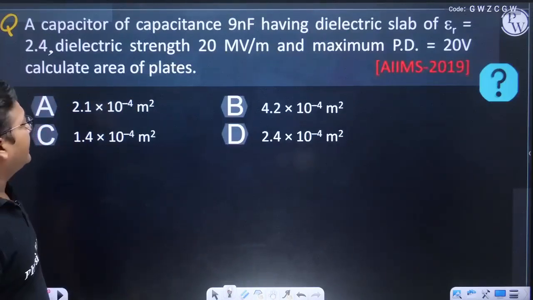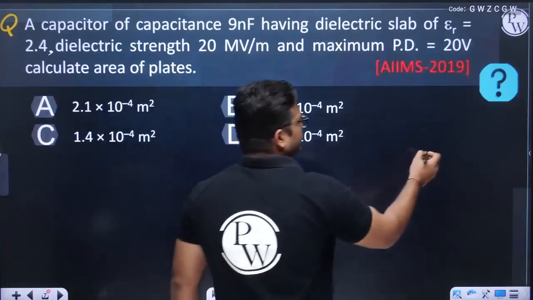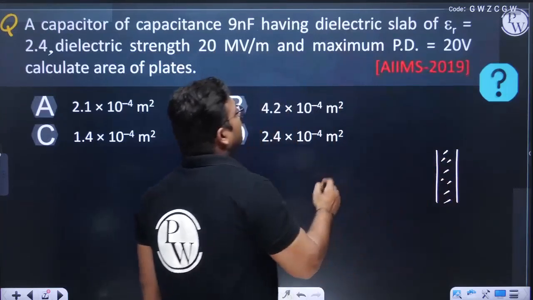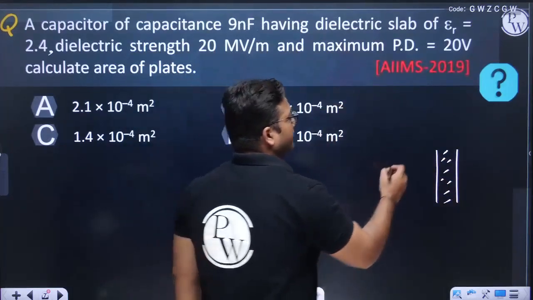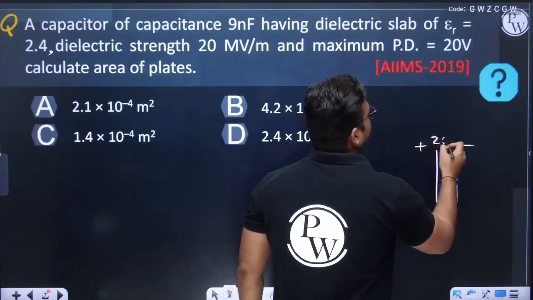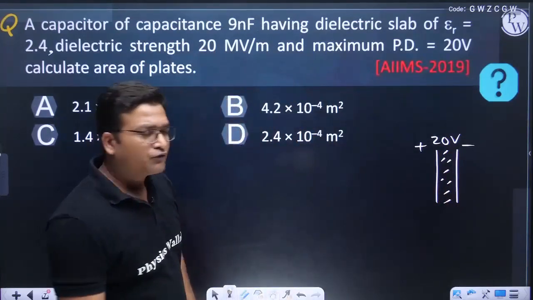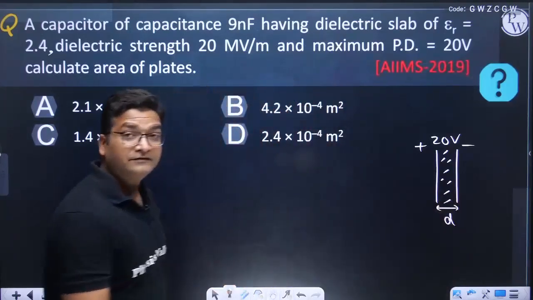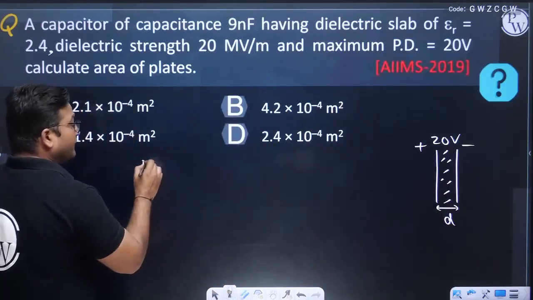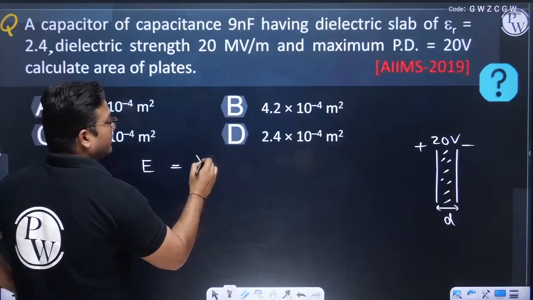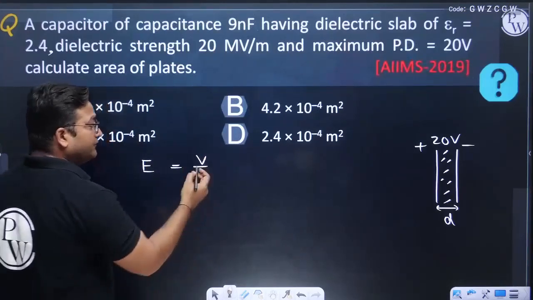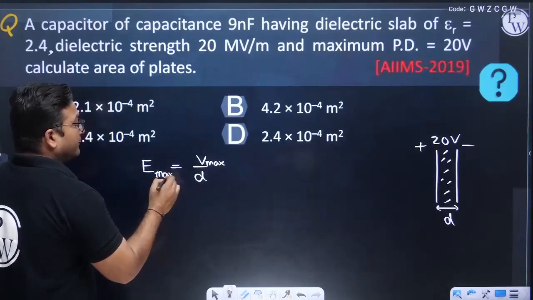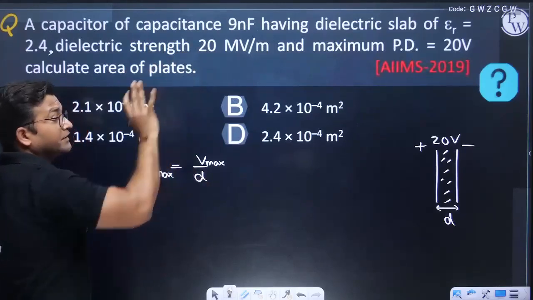They are asking us the area of the plates. Okay, so just imagine we have made a capacitor, we have put some dielectric, and the maximum potential difference across it is 20 volt. So if I consider the gap between the plates as D, obviously the electric field between them is going to be V by D. But as we are using maximum voltage, we will get maximum electric field, and maximum electric field is equal to the dielectric strength, remember.